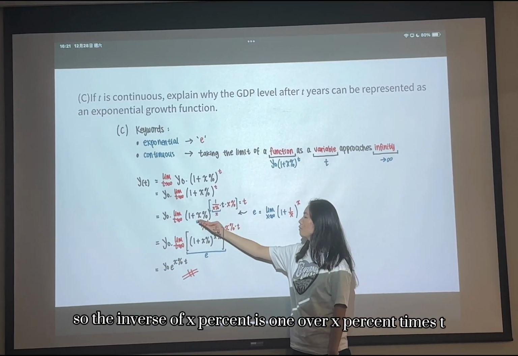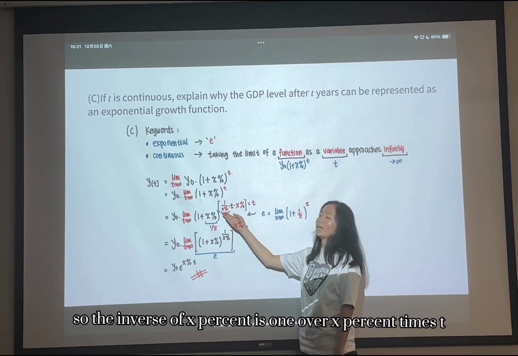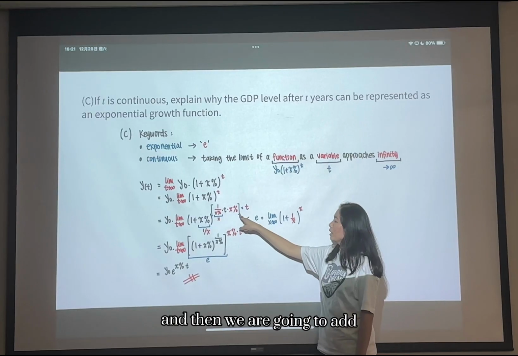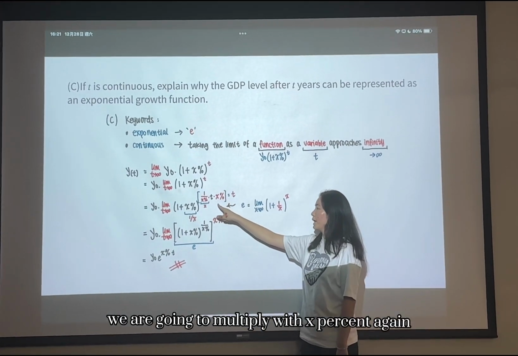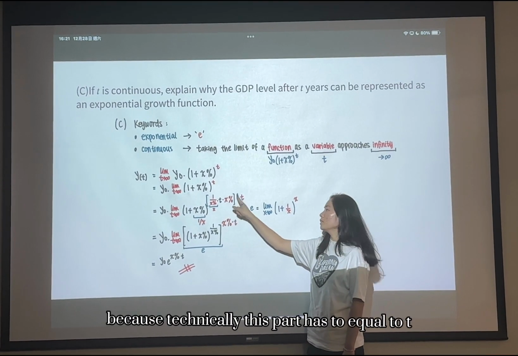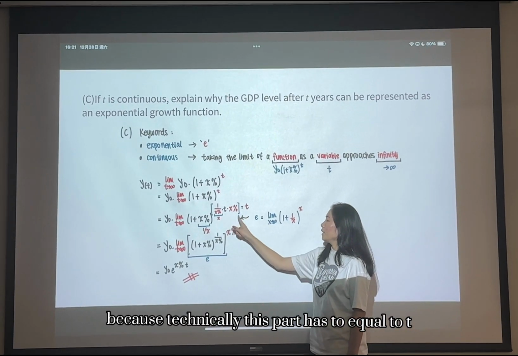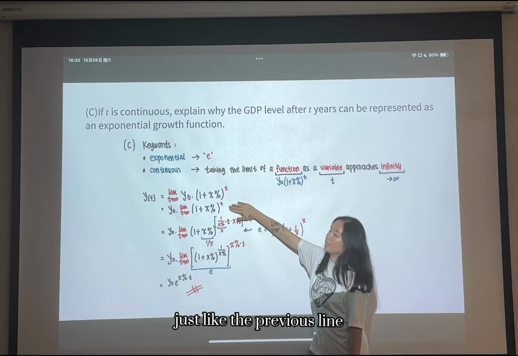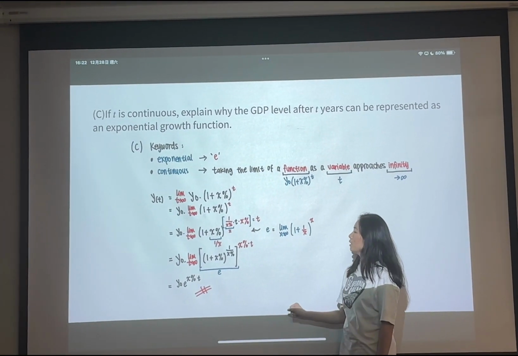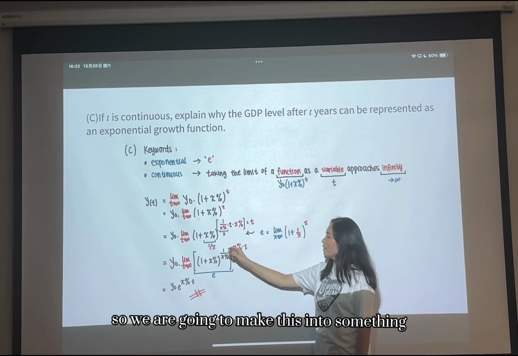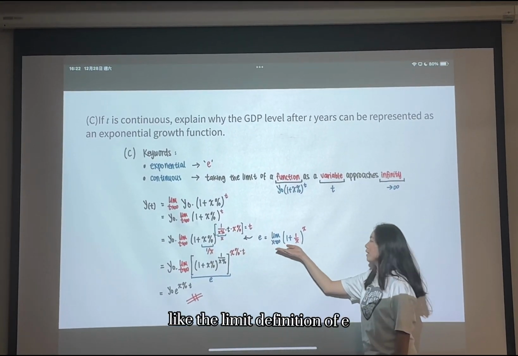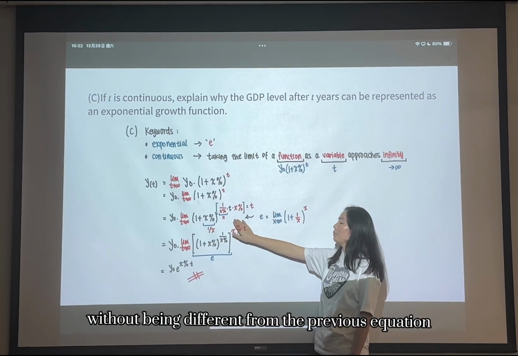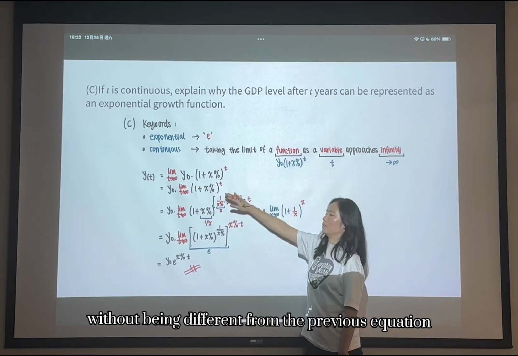So the inverse of x% is 1 over x% times t. And then we're going to multiply with x% again, because technically this part has to equal to t, just like the previous line. And so we are going to make this into something like the limit definition of e without being different from the previous equation.